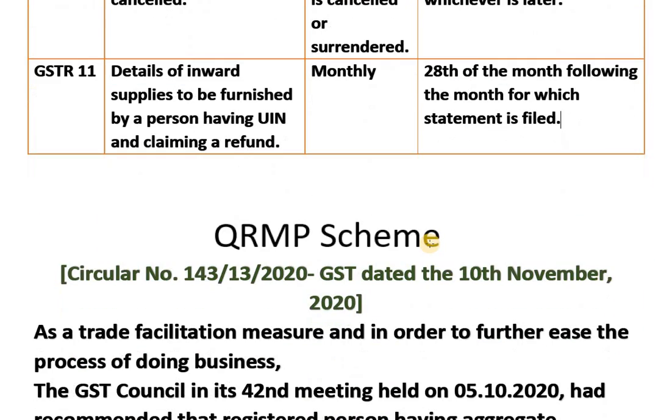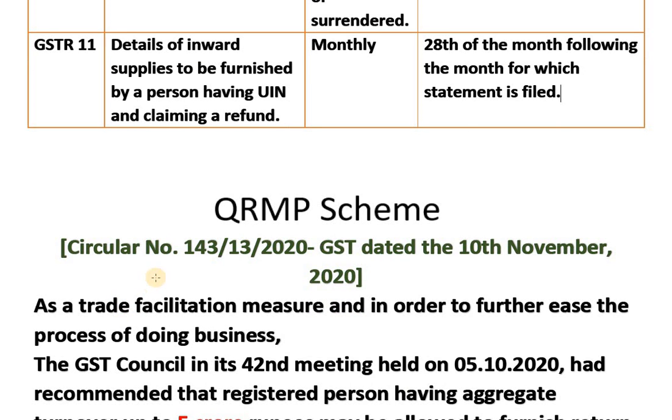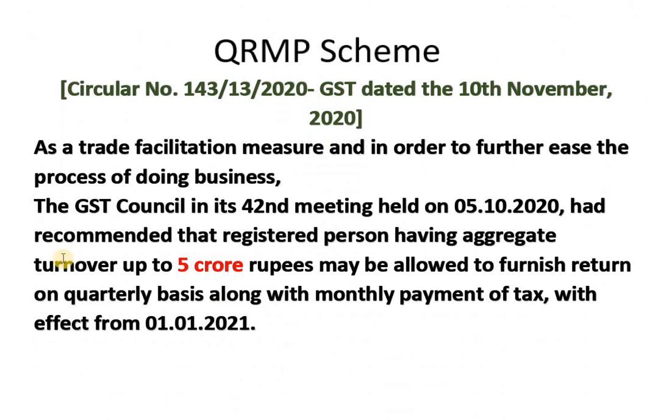Now we'll come to the Qrmp scheme, which has been introduced recently. What is a Qrmp scheme? A Qrmp scheme, as provided in the circular dated 10th of November 2020, is a facilitation measure in order to further ease the process of doing business.